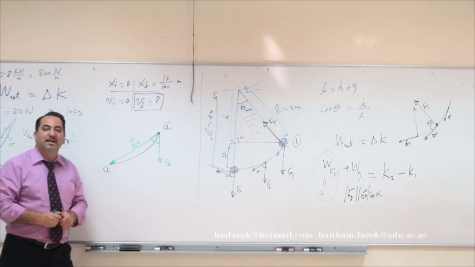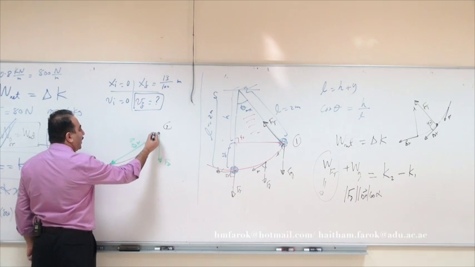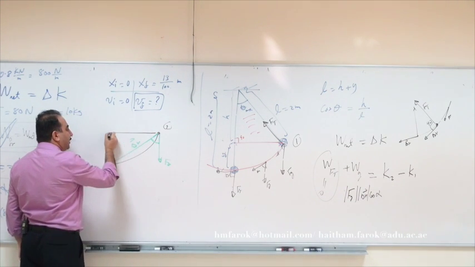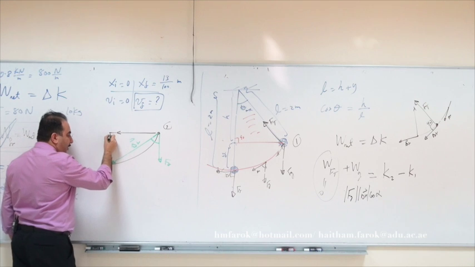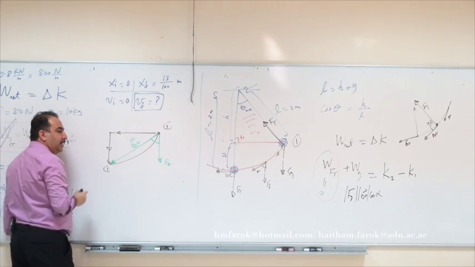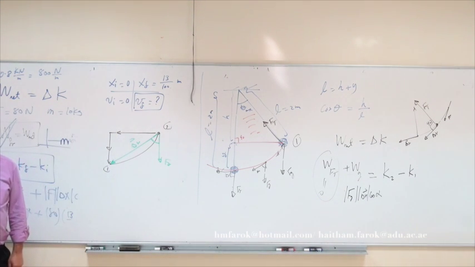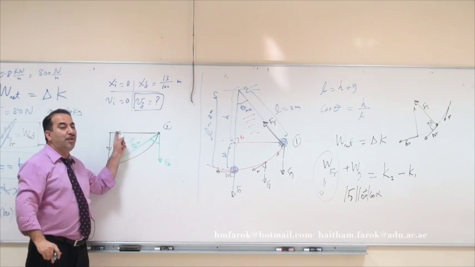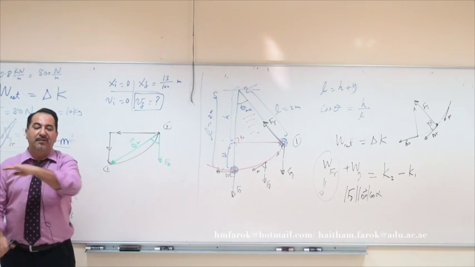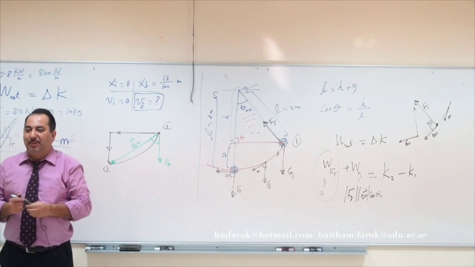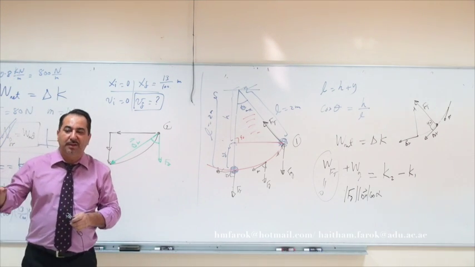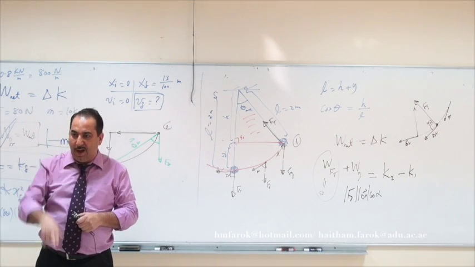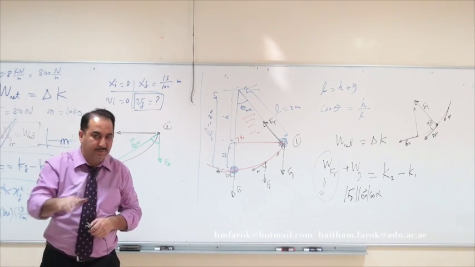Why didn't you take the path we talked about for the force of gravity? Why don't you go horizontally and then vertically? You know that when you move horizontally, how much is the work of gravity? 0, because work of gravity depends on height. It doesn't depend on horizontal distance.